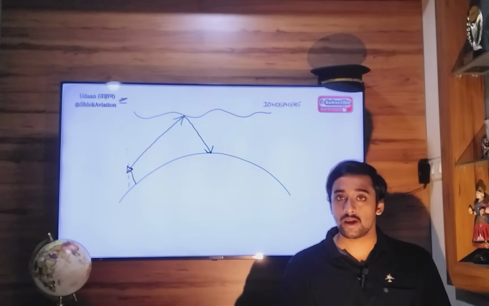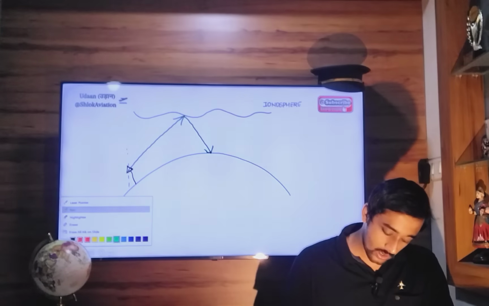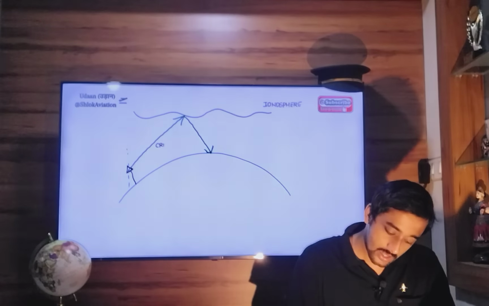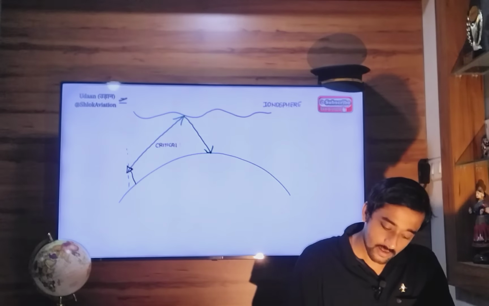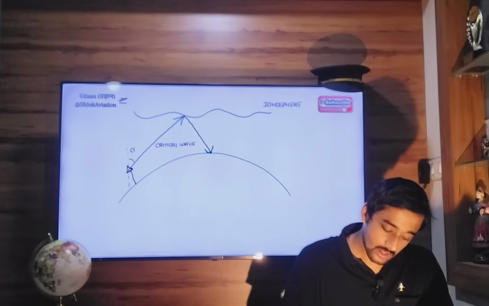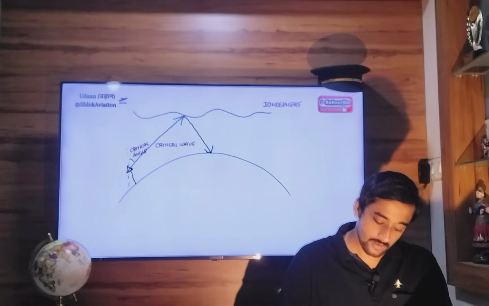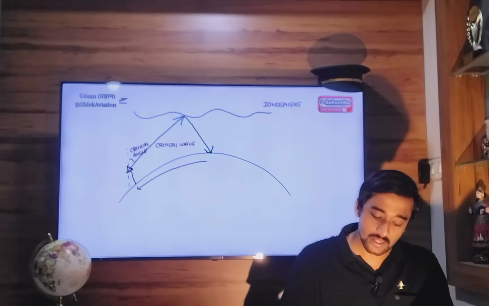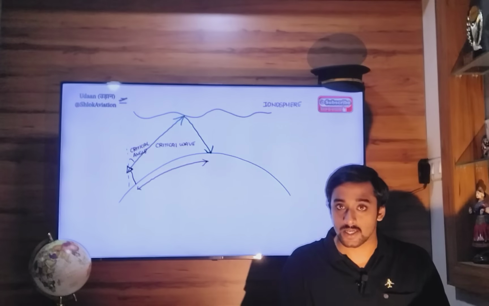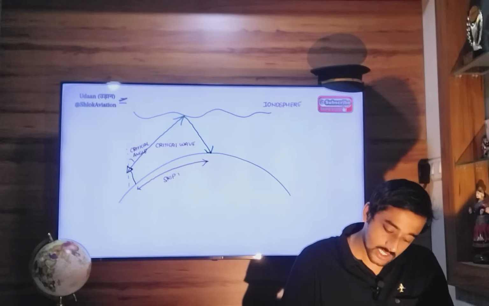So the first wave that goes to the ionosphere and comes back to the Earth's surface is called critical wave, and that angle is called critical angle. The distance between the transmitter and the place where the first sky wave returns is called skip distance.